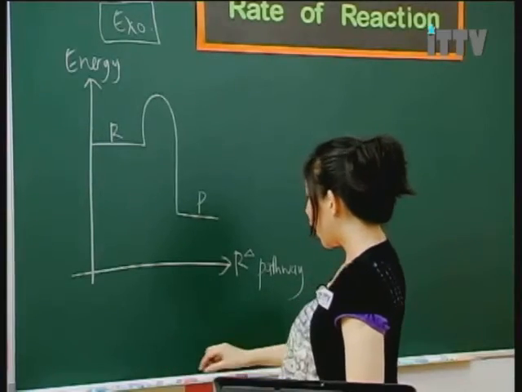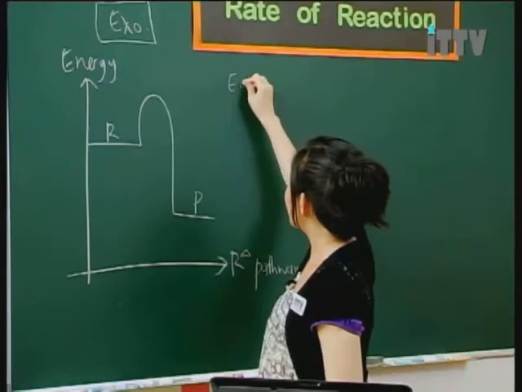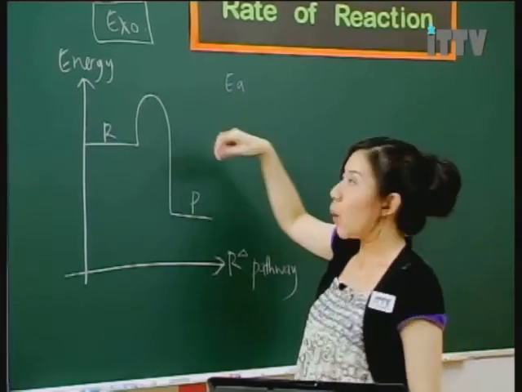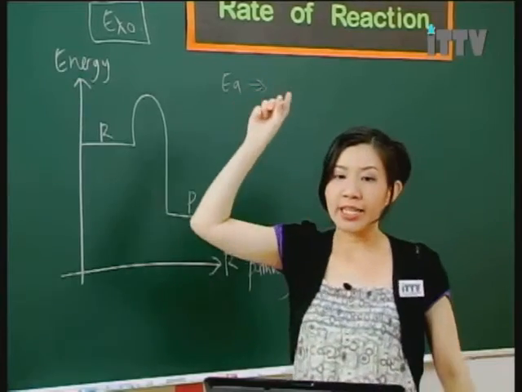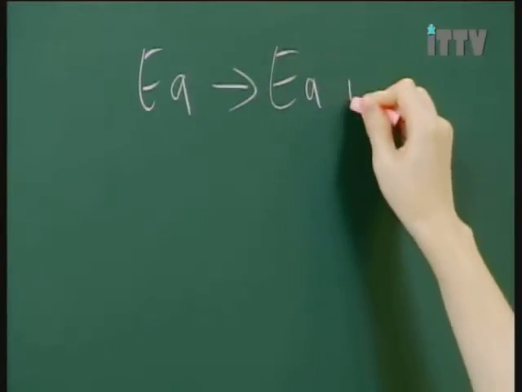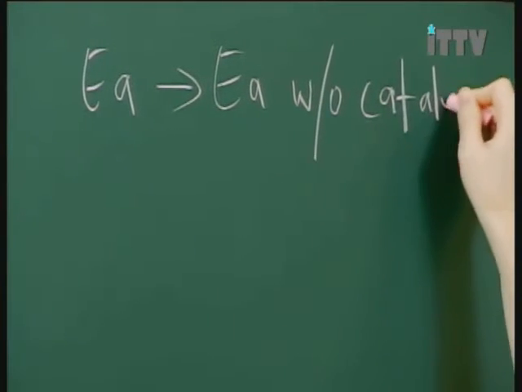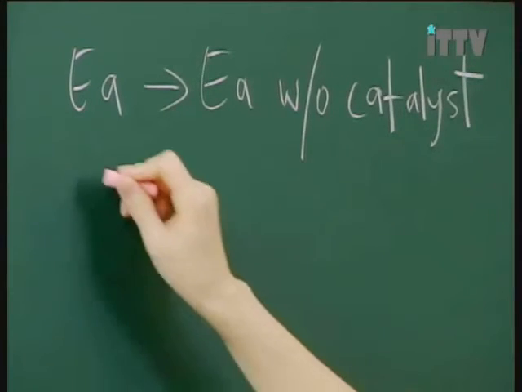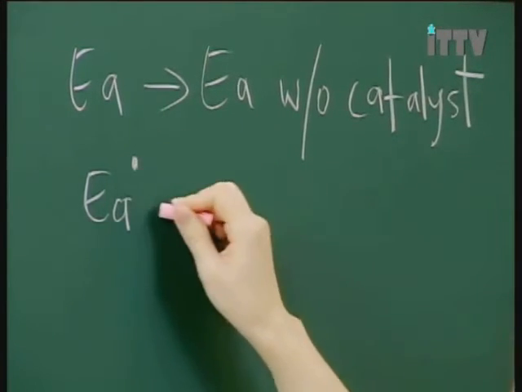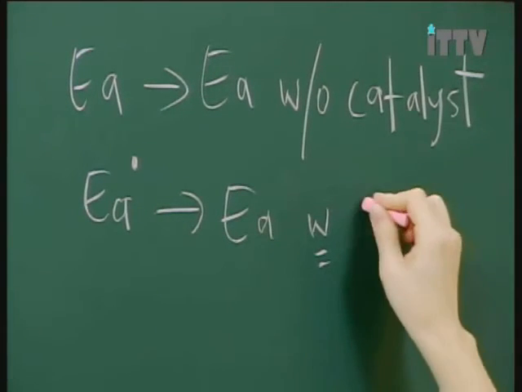Now, what we are concerned of is the activation energy. This is activation energy without a catalyst, okay? So this first is EA without a catalyst, whereas EA with an apostrophe on top is the activation energy with a catalyst.